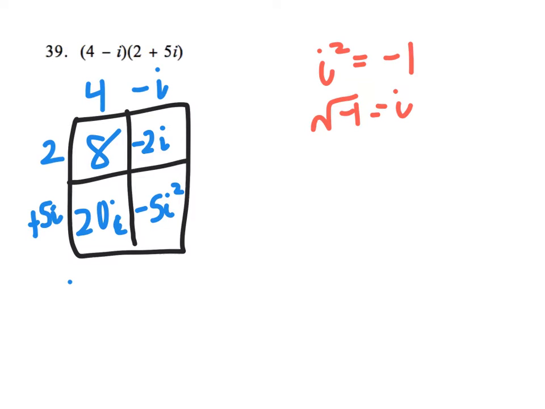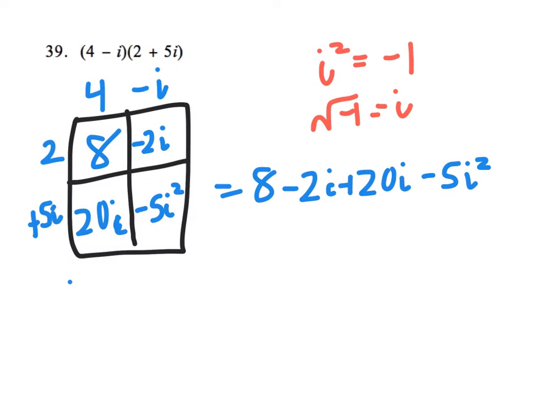Now if I rewrite this, I really have 8 minus 2i plus 20i minus 5i squared. Let's combine our i's first. I notice that we have -2i plus 20i, so we really have 8 plus 18i.